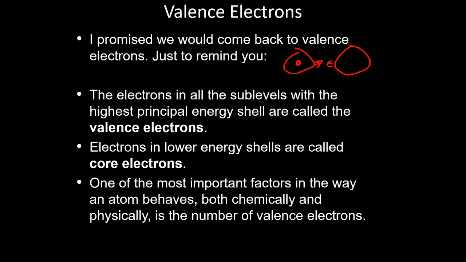There's stuff in the way, and the stuff that's in the way are the valence electrons sitting out here on the outer edge of the atom. So the only electrons that interact with other stuff are those valence electrons. And so those valence electrons determine its chemistry, determine how it behaves. So that's why we care about valence electrons.